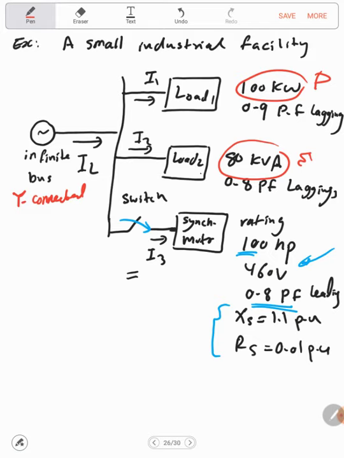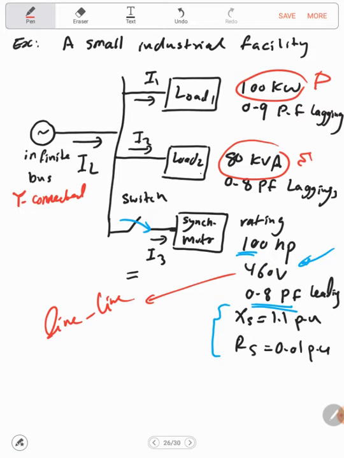The second load consuming, let's say, 80 kilovolt ampere at 0.8 power factor, and the synchronous motor, the rating is 100 horsepower, the voltage, and this is line to line voltage 460.